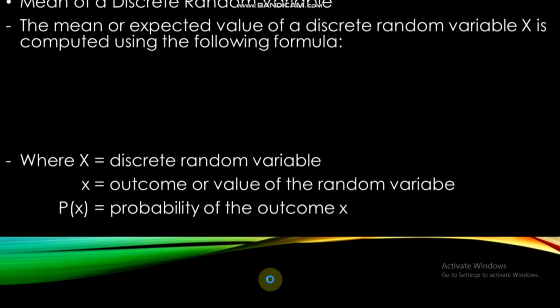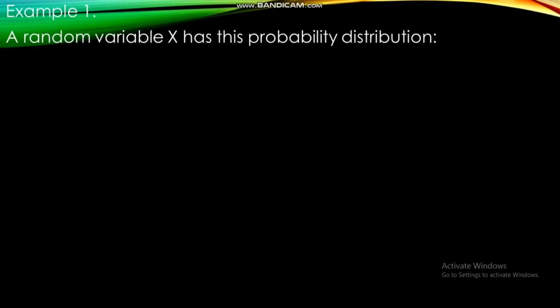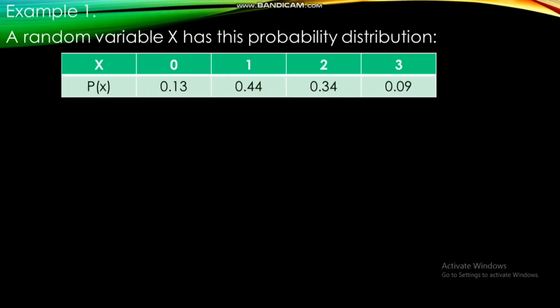So example number 1: a random variable x has this probability distribution. The value of x is 0, 1, 2, and 3, and the probability of the outcome x is 0.13, 0.44, 0.34, and 0.09 respectively.